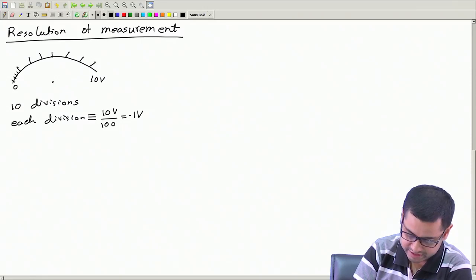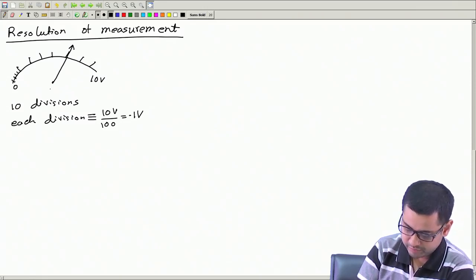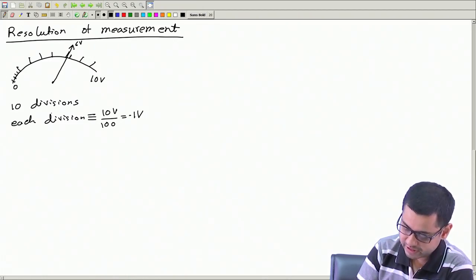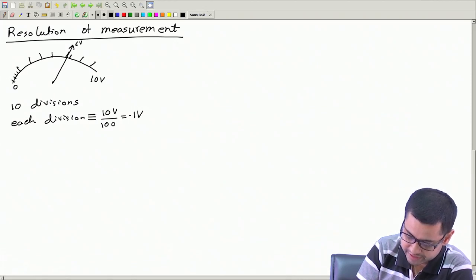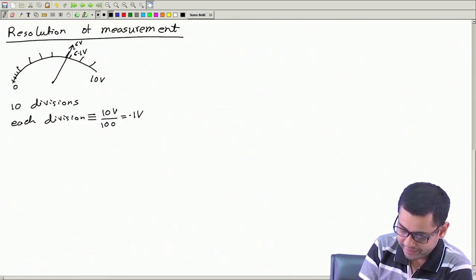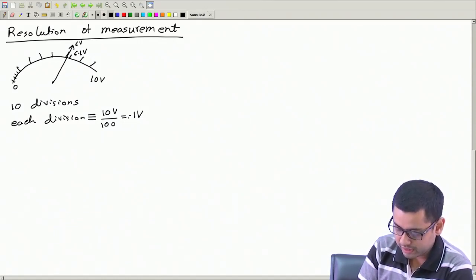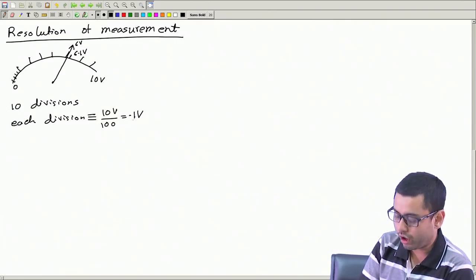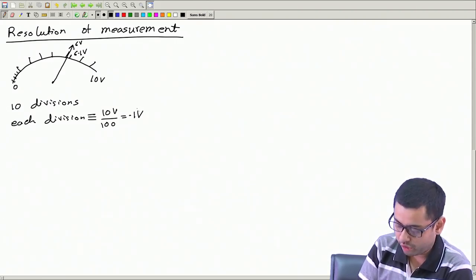Now, if the pointer is say here, maybe this indicates a value of 6 volt, and then the immediate next marking will indicate a value of 6.1 volt. So, the pointer can indicate values in multiples of 0.1 volt, and this you can call the least count, or we call it the resolution of this meter.